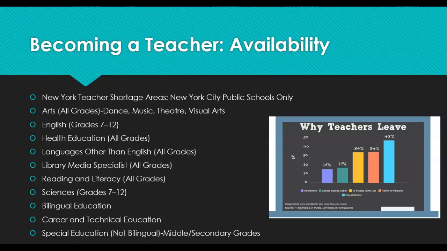So if you're thinking about becoming a teacher and you want to become, let's say, a history teacher, that's not listed here. So if you were debating between being a history teacher and an English teacher based on some research on shortage areas, you may want to lean towards English, right? So that idea that you do all this work, that there should be availability when you are ready to pursue that career.